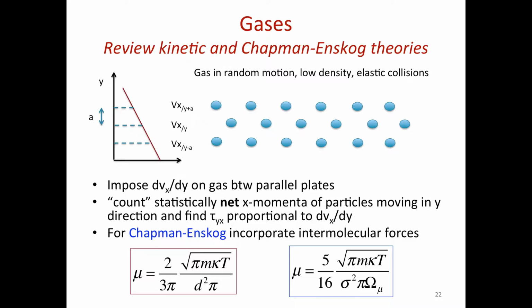Then we looked at the kinetic theory to see what the transfer of momentum would look like. We assumed that my velocity changes linearly in the little element I was looking at, and then we arrived at the formula. Now we will do something similar here.